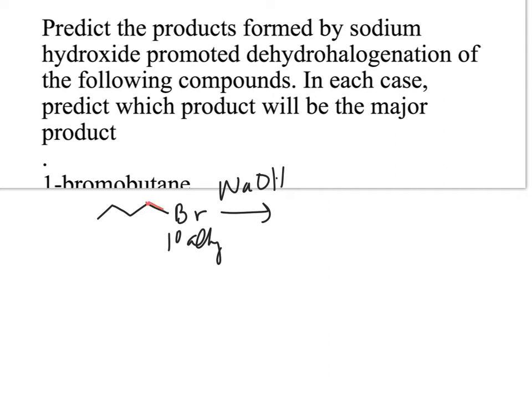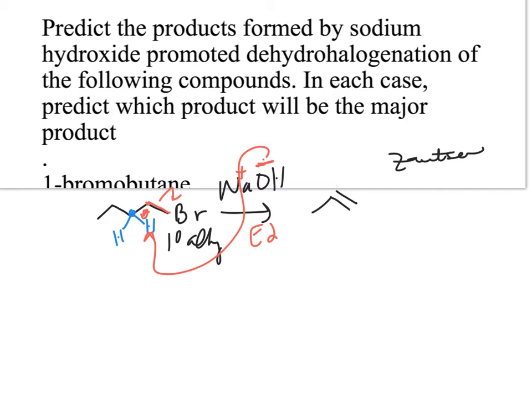So this is your carbon-bromine bond. So you got to look at this neighbor. You only have one neighbor because it's a primary. So sodium hydroxide will act as a base, deprotonate, and you will get an E2, and you'll get the more substituted Zaitsev product.